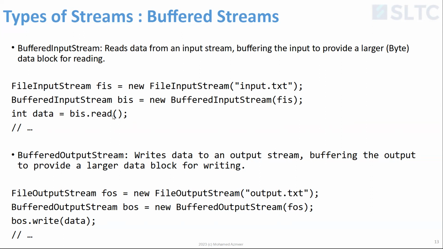From there, we are reading it, and that goes into the variable called data. Similarly, when it comes to writing, same thing. We are writing our data into the BOS object, which is the BufferedOutputStream. The data is coming from this variable called data, and we are passing that on to the BufferedOutputStream. So we looked at byte, character, and buffer, right? Those are the three ways of handling our streams.